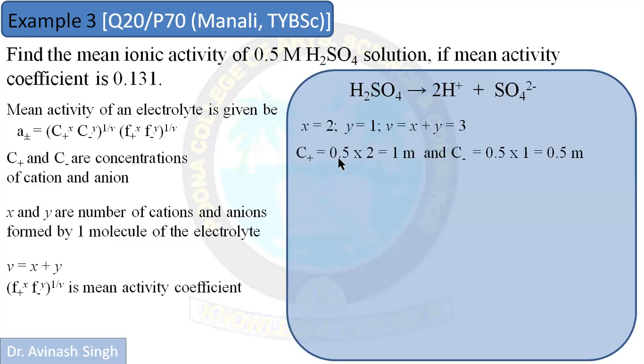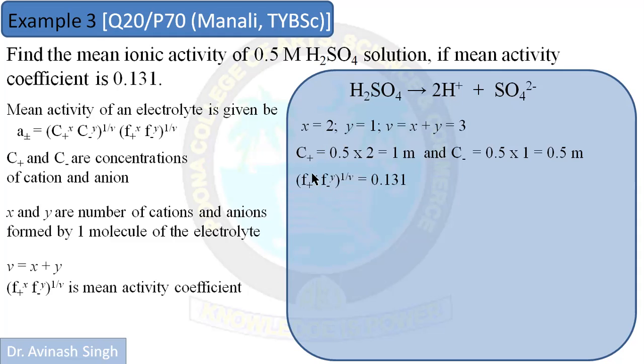C plus is 0.5 into 2, because when one molecule of sulfuric acid dissociates, it gives two ions of H plus. So when 0.5 moles of sulfuric acid dissociates, you get 1 mole of H plus, and you get 0.5 mole of sulfate. And the mean activity coefficient is given to be this.